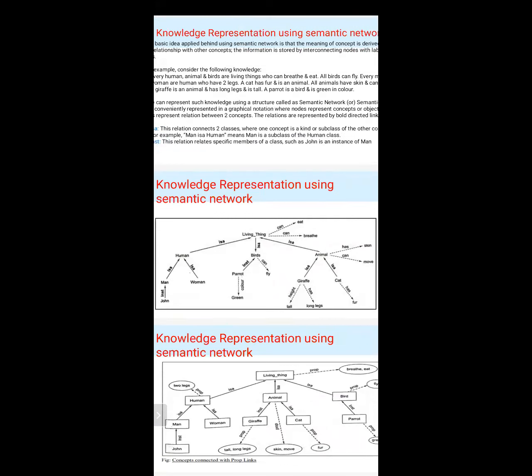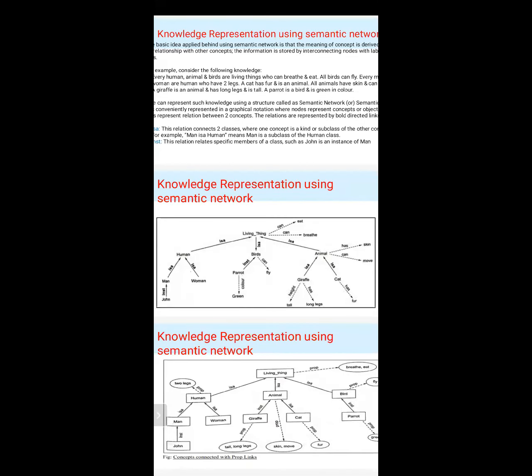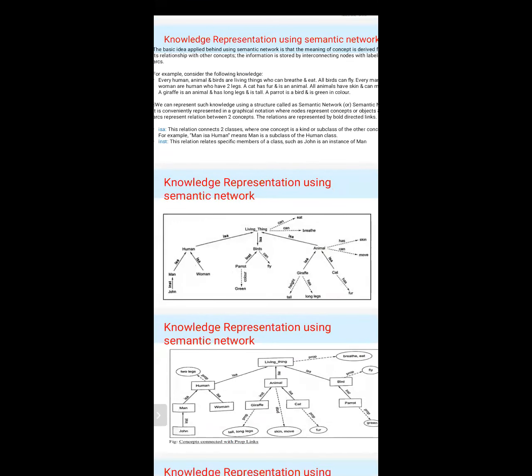So living thing. What is the first knowledge given to us? Every human, animal, and birds are living things who can breathe and eat. Now let me consider one thing, that is living things. All these human beings, animals, and birds are living things, right? So under living thing, three things will come: one is human, next one birds, and next one animal.